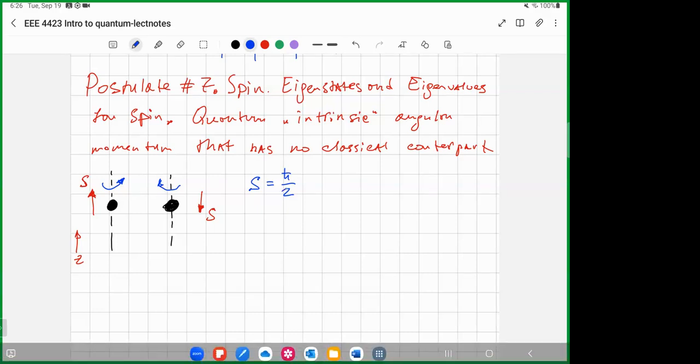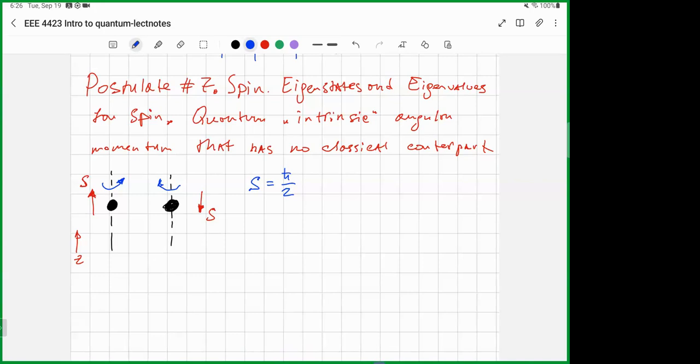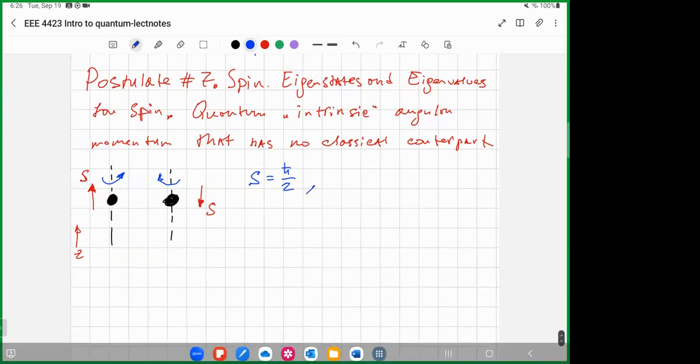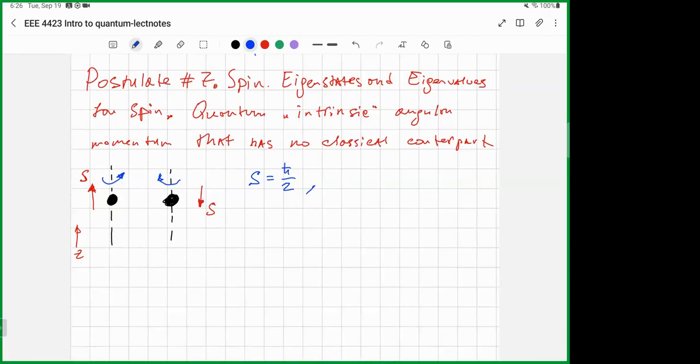This is the value of this spin. Okay, and the experiment also tells us that there are only two orientations for this rotation possible.